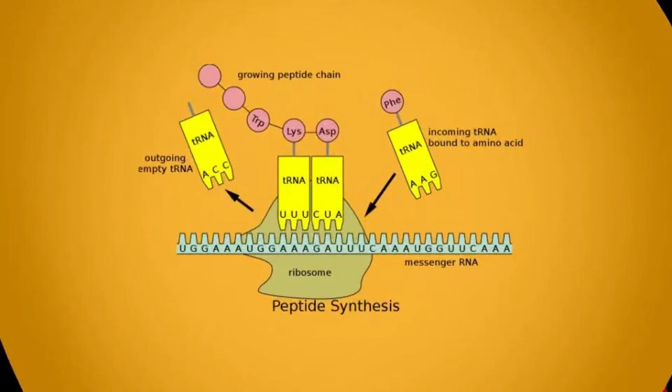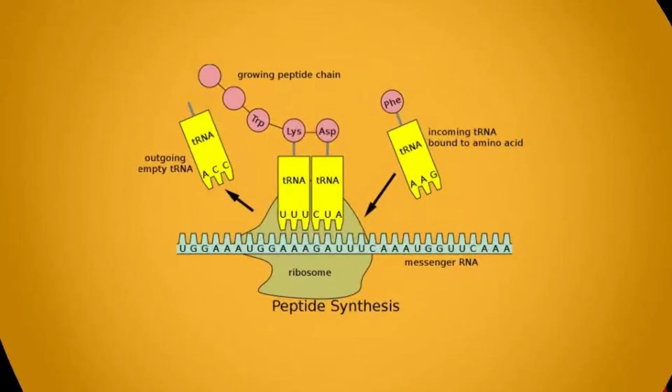On the next codon down, the same thing is happening. You have another tRNA binding via its anticodon to the codon on the mRNA and an amino acid on the other end. Those two amino acids, which are now adjacent to each other, form a peptide bond, at which point the tRNA leaves the area, leaving behind an amino acid sequence.